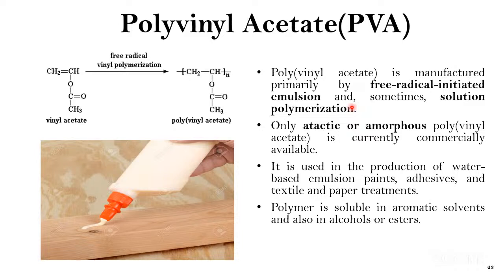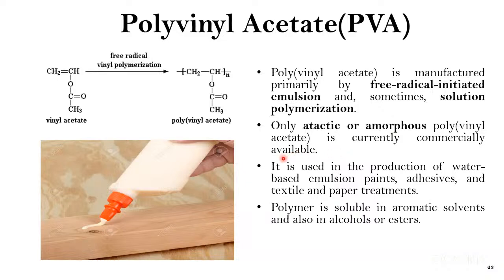But what we are about to study now is mostly atactic in nature, almost 80% atactic. That is the reason it is called amorphous. Commercial grade PVA available in the market is mostly atactic or amorphous in nature.